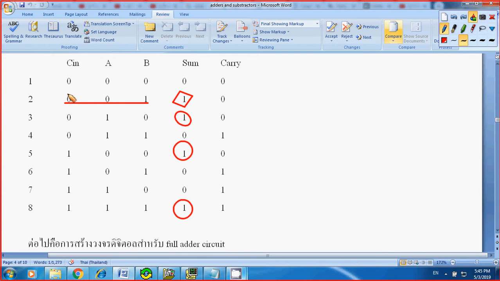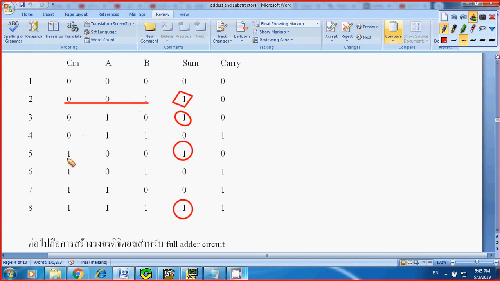In this case, bar means your logic status is 0, and simply B, not B bar, is simply the logic status to be 1. So in this case you're going to have C in bar and with A bar and with B. That's why you need a 3 input AND gate.